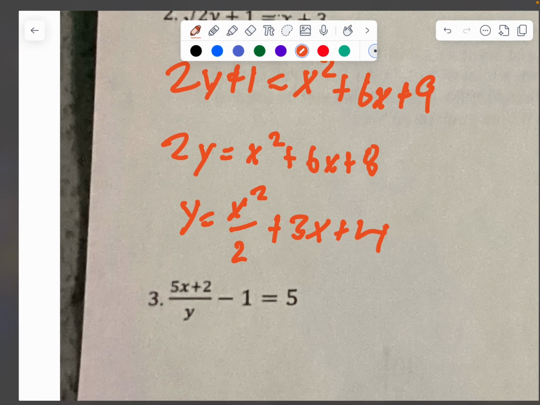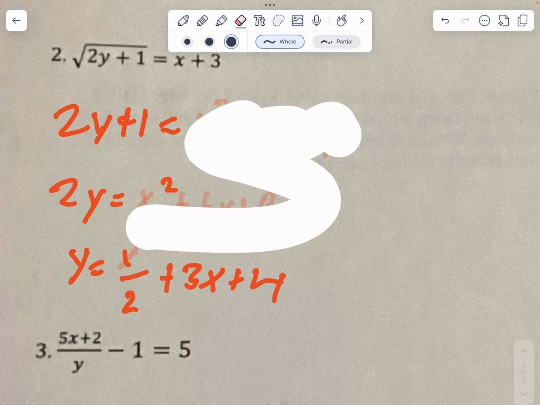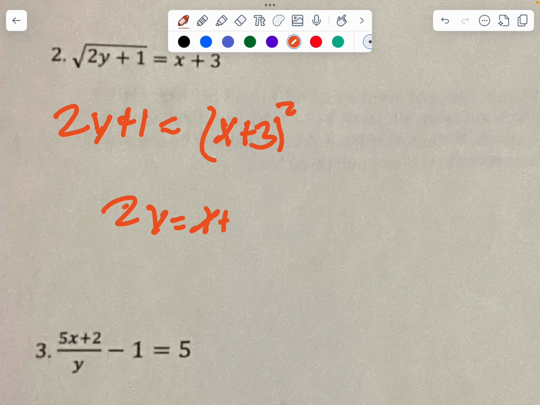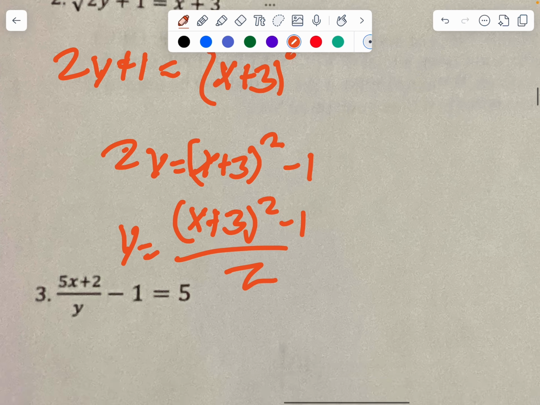Oh, sorry, you didn't have to factor it out there, it looks like. So it's just going to be x plus 3 squared. And subtract 1, 2y equals x plus 3 squared minus 1. Now divide by 2. y equals x plus 3 squared minus 1 divided by 2. That's your answer.